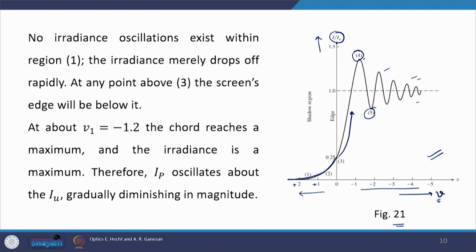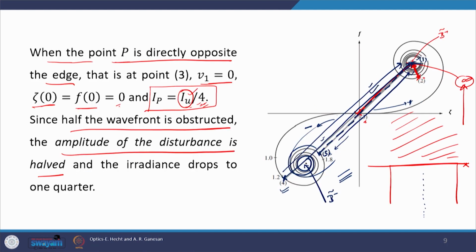Now, at about V1 equal to minus 1.5, which is this value, the chord reaches a maximum and the irradiance is a maximum, which is shown here by point 4 in this Cornu spiral picture.